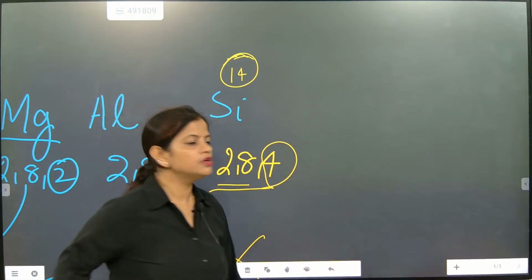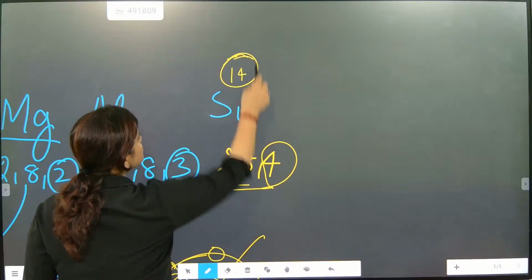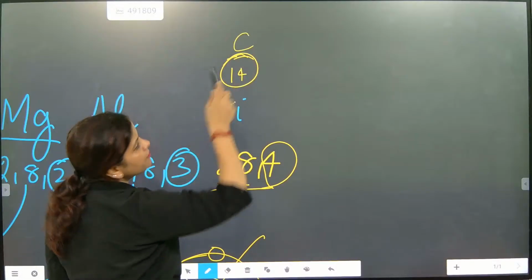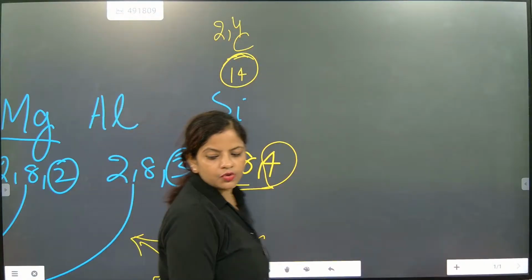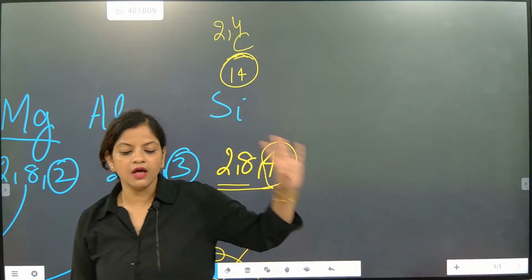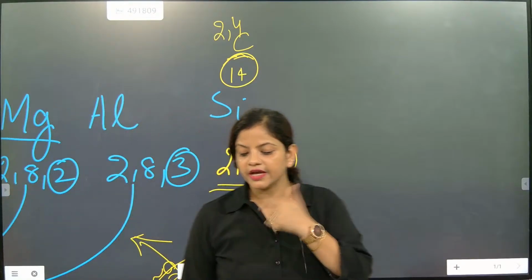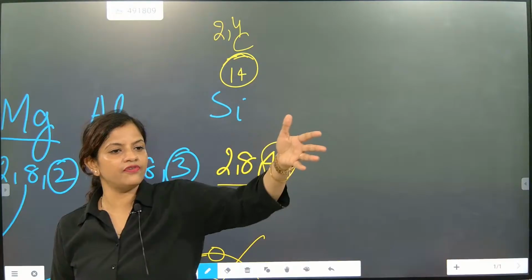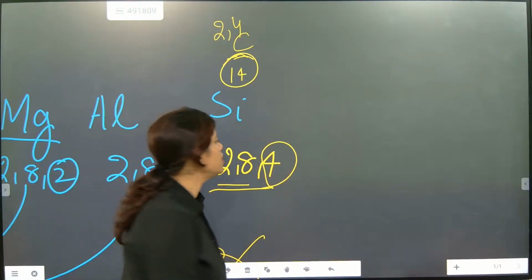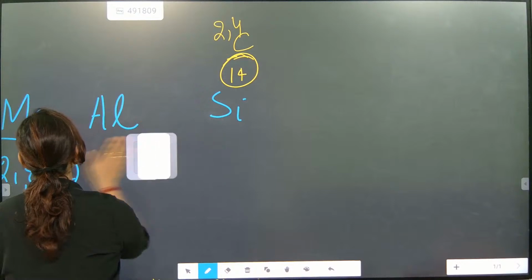Can I show you? So now look at carbon. It is just above silicon. Carbon's atomic number is 6, with configuration 2, 4. Got it? So in the outermost orbit, how many electrons are there? 4 electrons are there. So if 4 electrons are in the outermost orbit, what will they do? They neither can take 4 electrons nor give them.